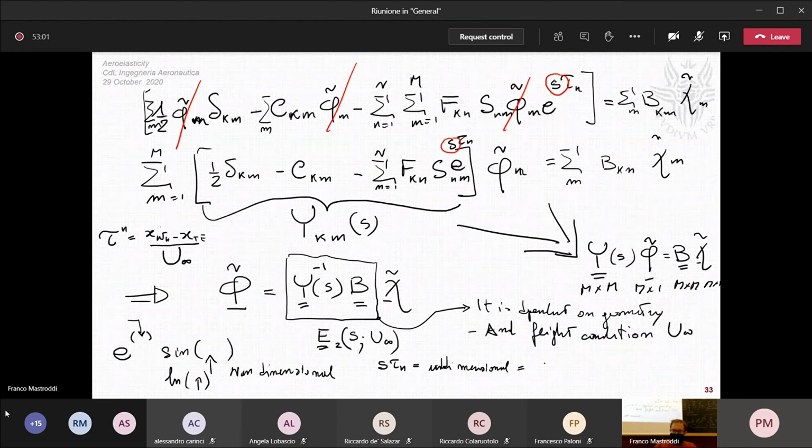and therefore, if you write S by X, you have a length here, X wake minus X trailing edge, divided by U infinite. If you multiply by a reference length L, like the chord, this is a nondimensional quantity, representing a nondimensional length, and this is a nondimensional quantity as well.